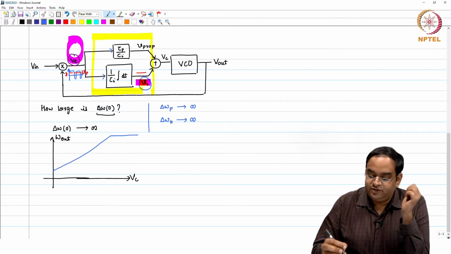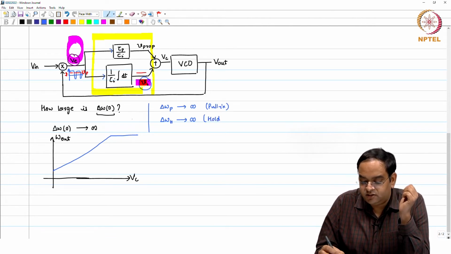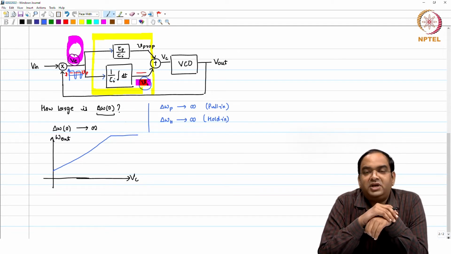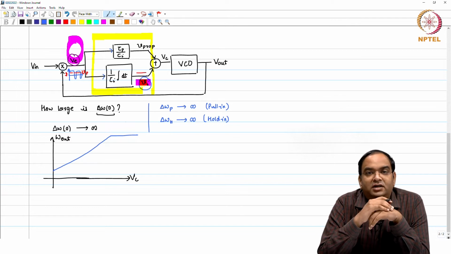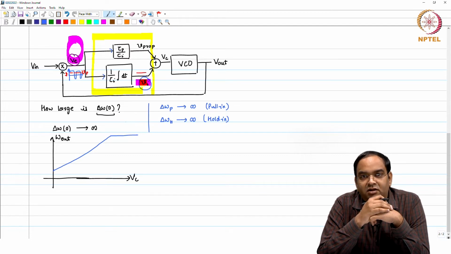Now, the question comes, let me just write this as pull in range and this is hold in range. The other one was the lock in range. For this particular PLL, we have seen that the lock in range requires the phase error to be limited within 2 pi and acquire the lock.